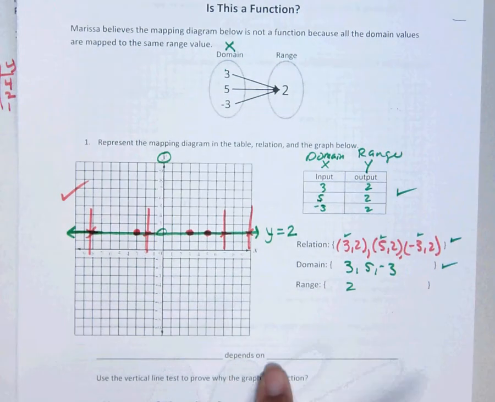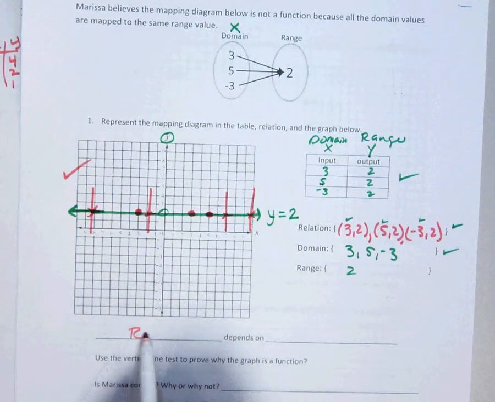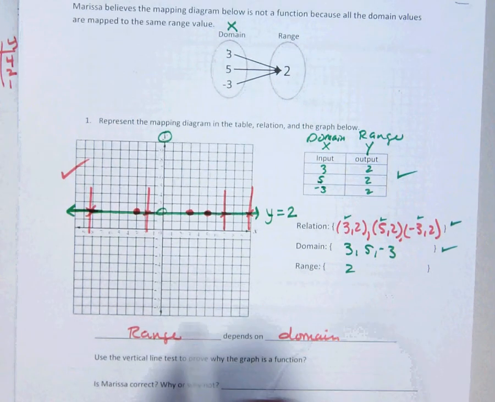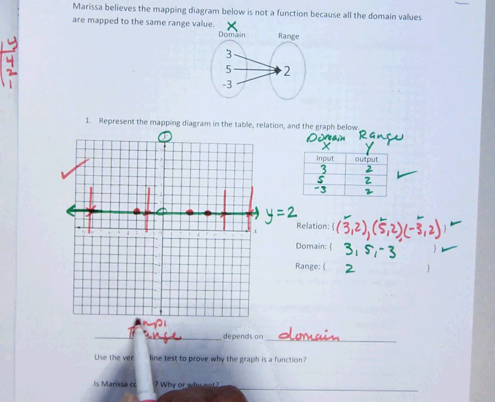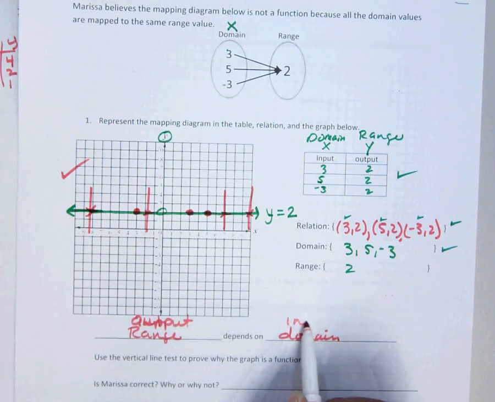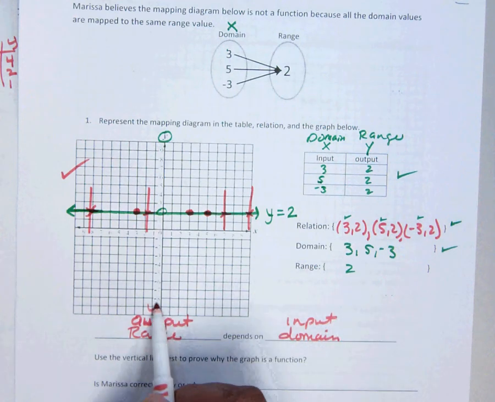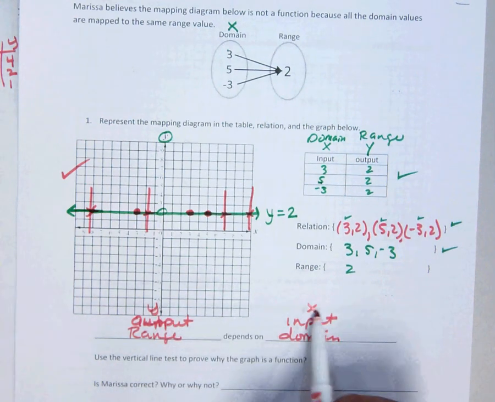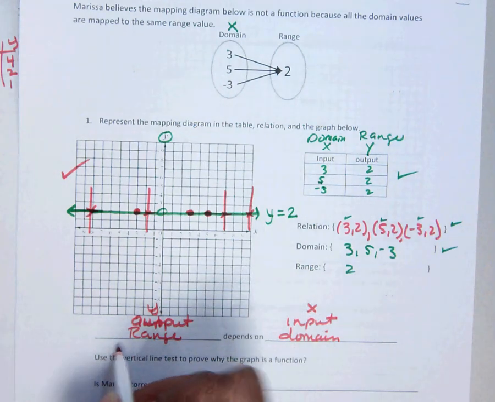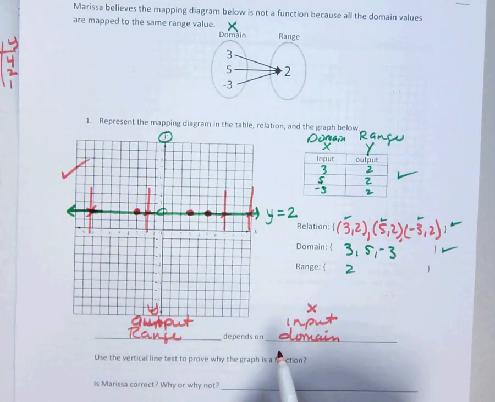So there are so many things you can write in a statement. The range depends on the domain. The output depends on the input. The y values depend on the x values. And how do we know if this is a function?